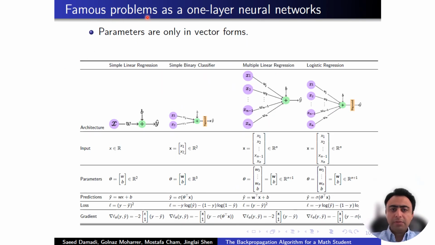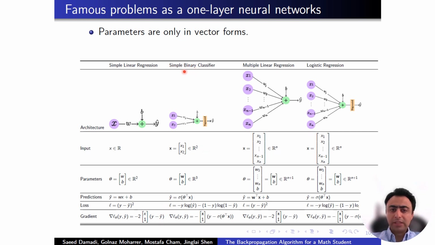Here you can see famous problems as a one-layer neural network. Simple linear regression can be written as L equals y minus y hat, and we can have each sample as x, and then we have a weight and bias, and then we end up with this gradient as a function of x and 1 and y minus y hat, which is consistent with what we had for one single layer.